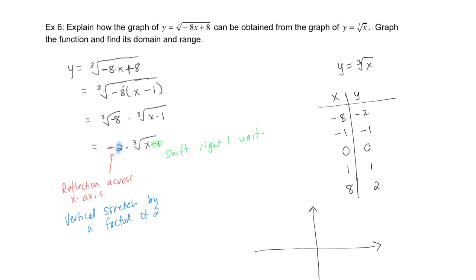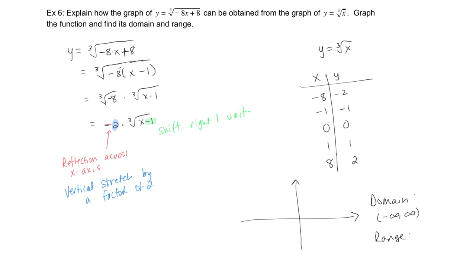It's going from -infinity to infinity, as is the range, because I can take the cube root of a negative number and my output is fine, that's real.